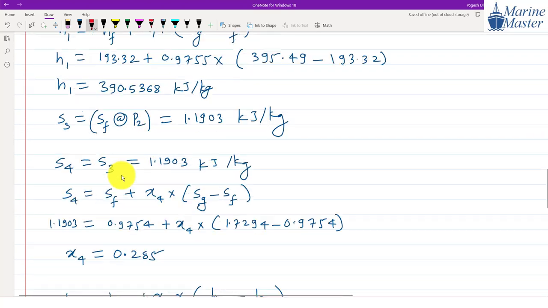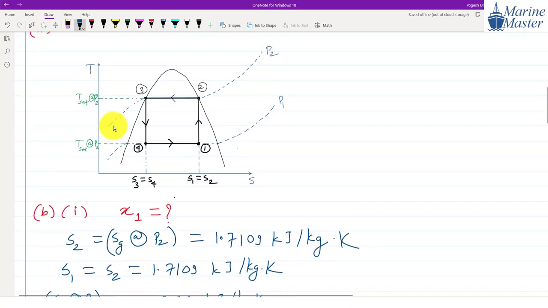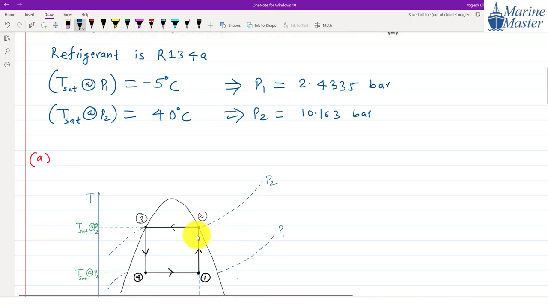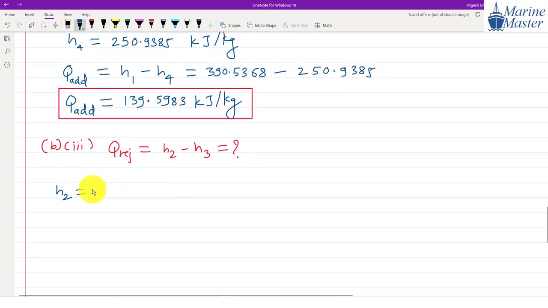So the relation, if you remember our theory, guys, is the important relation: H2 minus H3. We need H2 and H3. What is the state of point 2? Dry saturated vapor at pressure P2. So H2 will be Hg at P2 pressure.